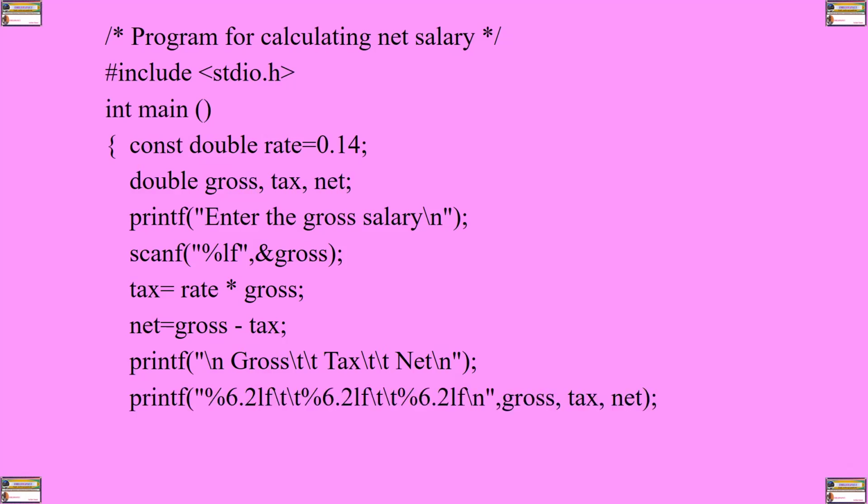The next statement is now displaying the values. So how are these values being displayed? The values are being displayed this way. So this statement is telling the compiler, go to the memory location called gross.